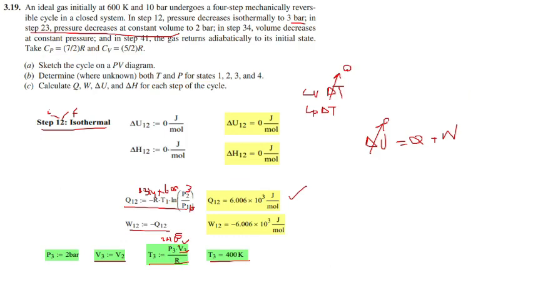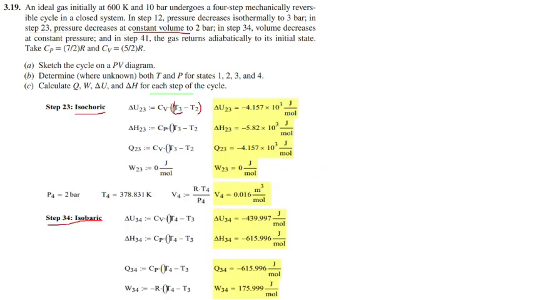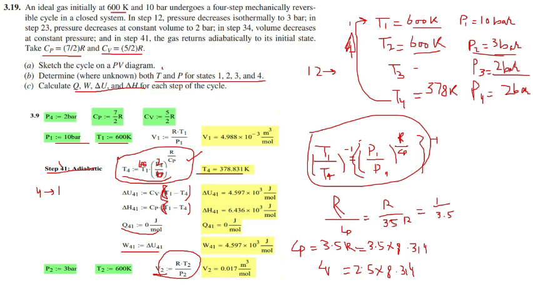This 10 raised to power 5 is for the conversion. I have converted bar into pascals. So for Cv, it is 5 by 2 into 8.314 multiplied by this 400 minus T2, which is 600.